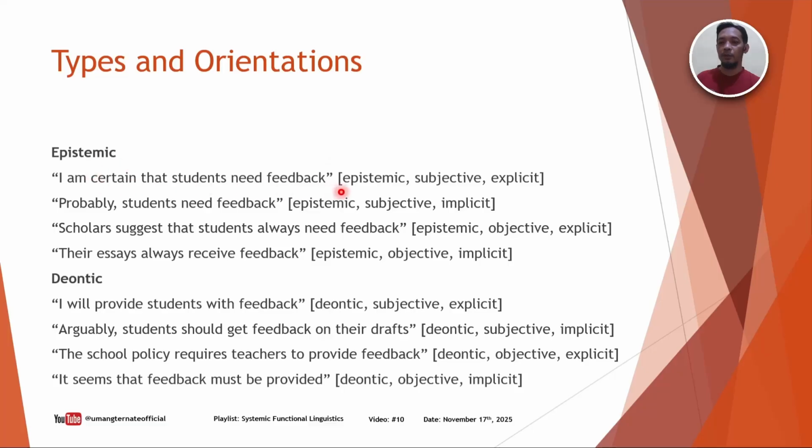This clause is epistemic because it gives information. It is subjective because the source of the modal meaning is the speaker himself, "I am certain." And it is explicit because the source is clearly identified, this, the "I."